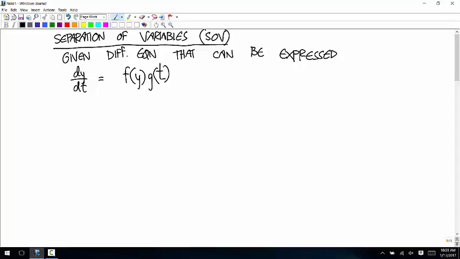So that's the separation in separation of variables. You can divide this up into some stuff that only depends on y and some stuff that only depends on t.